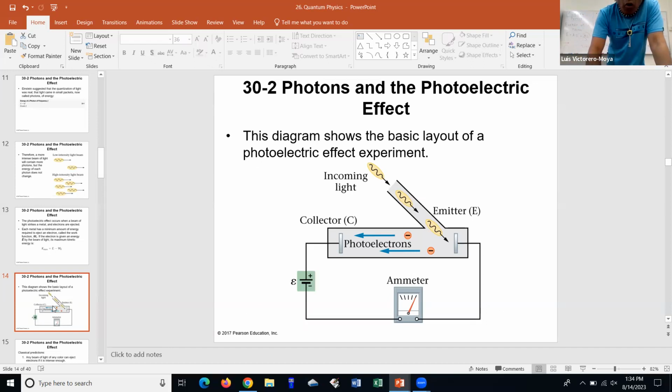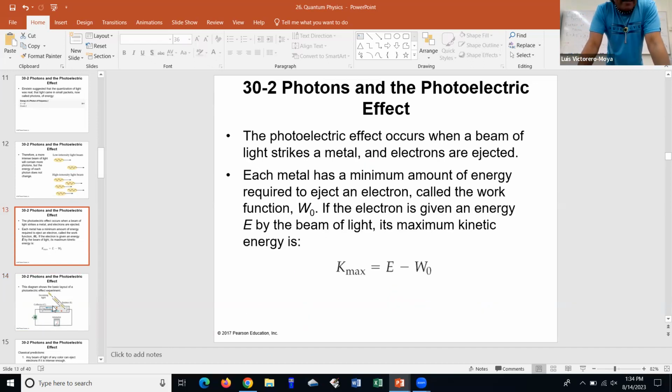What Einstein discovered is that the energy of the photoelectrons was equal to the difference of the emitted light, so the energy by the photons being emitted, and the work function of the metal. So the work function is a property of different metals.